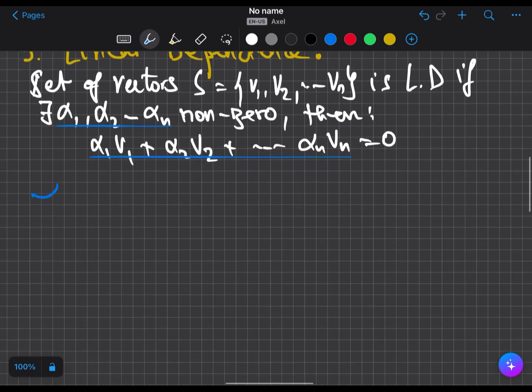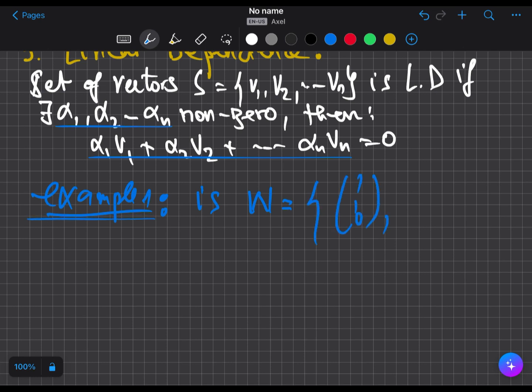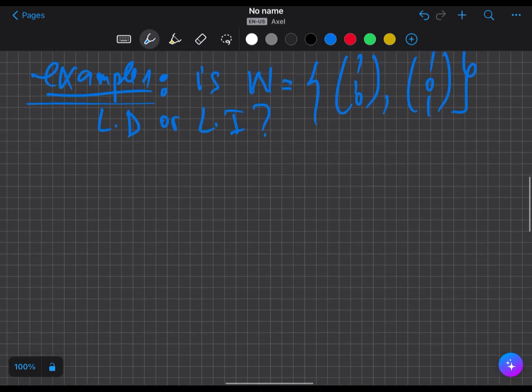Now, let's have a look at the first example. Is W equal to (1,1,0) and (1,0,1) linearly dependent or linearly independent? Okay, so let's check. Let's consider alpha and beta any scalars.